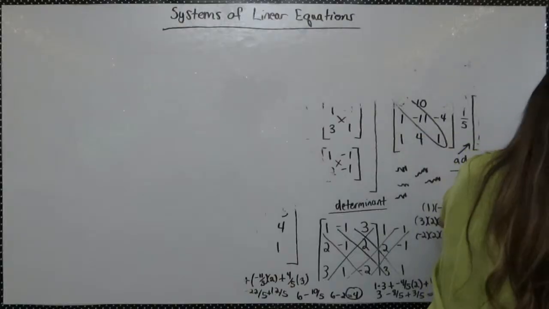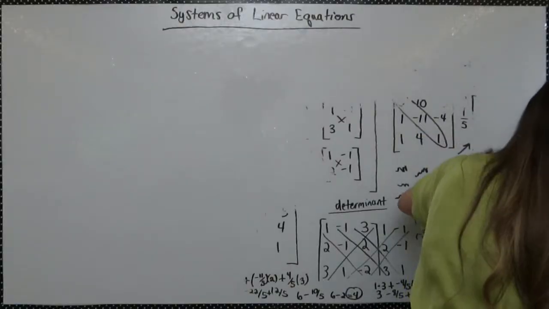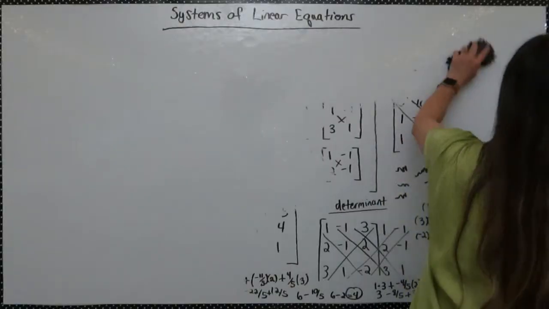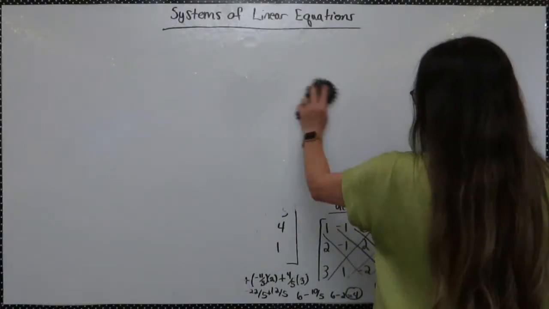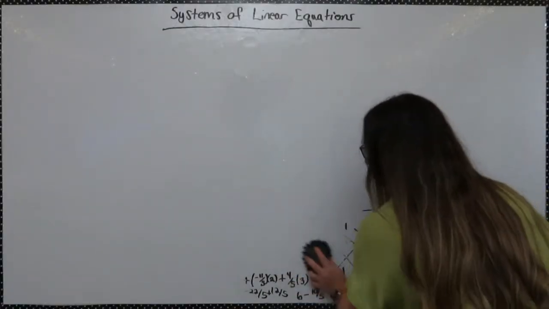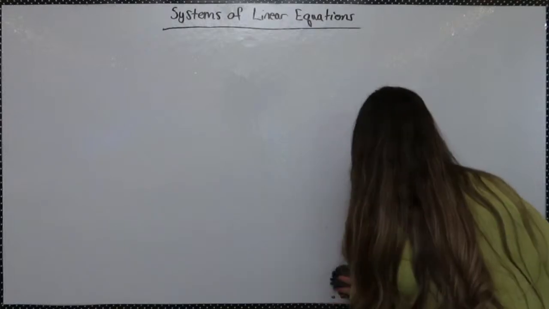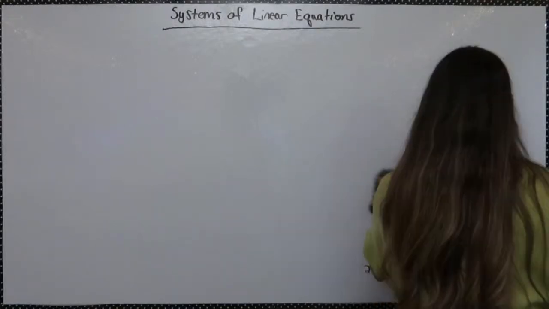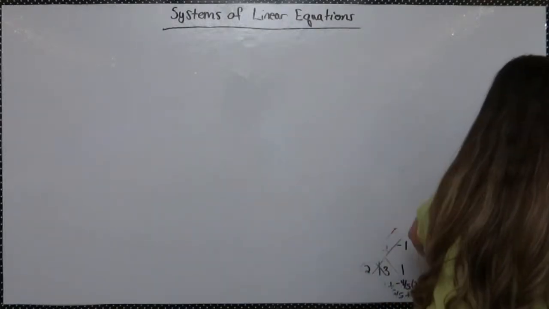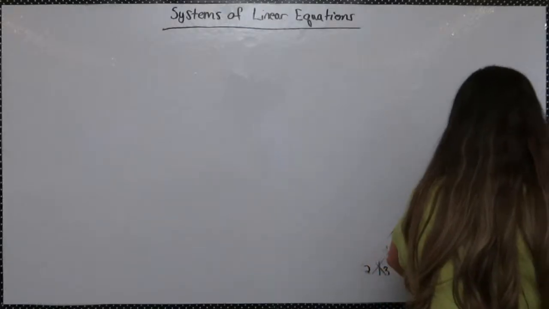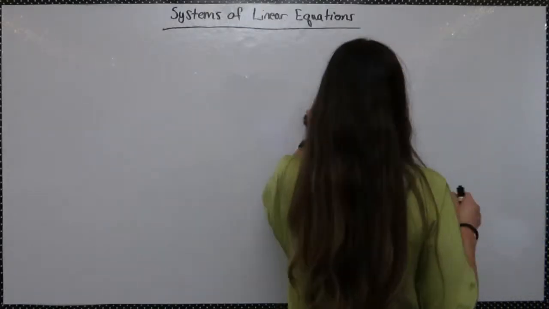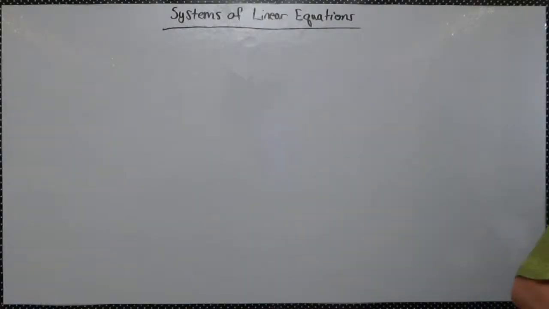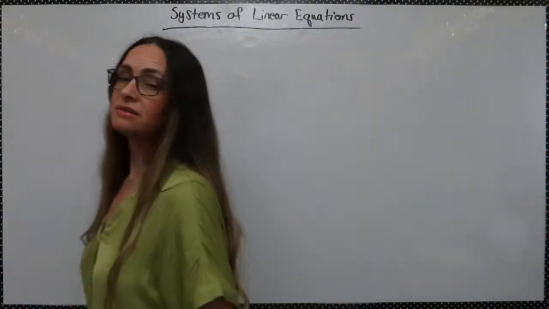Let me get this erased. So there's other methods of solving using matrices. There is something that's called an augmented matrix, where you attach your coefficient matrix to, oh, I just lost it. It's the identity, sorry.